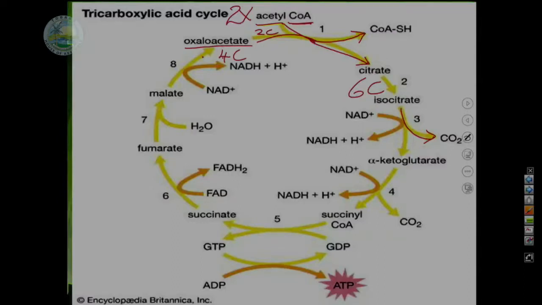You also have, so here now you have a 5-carbon molecule, right? And eventually you have another carbon dioxide being lost, 1 for each molecule.